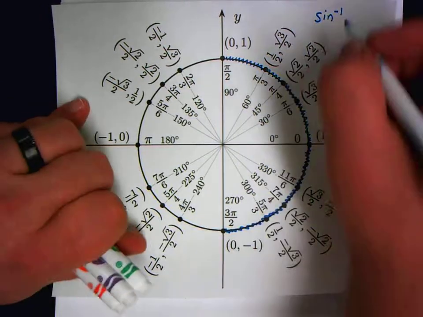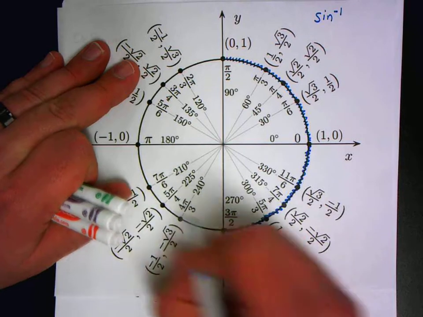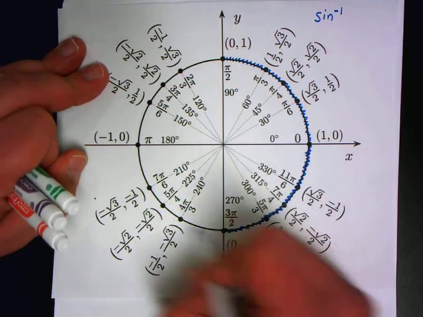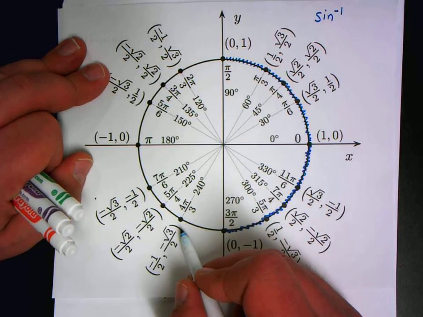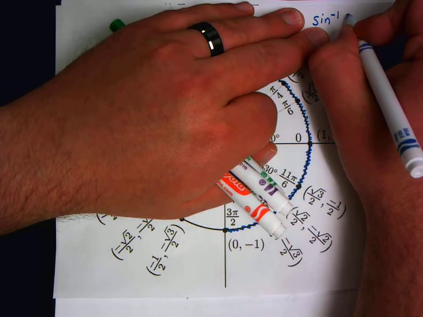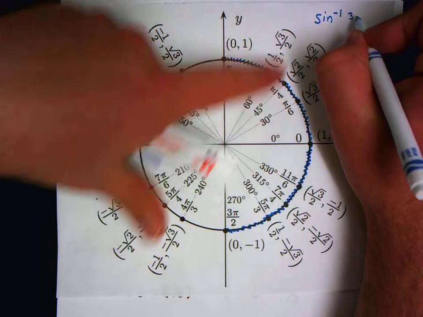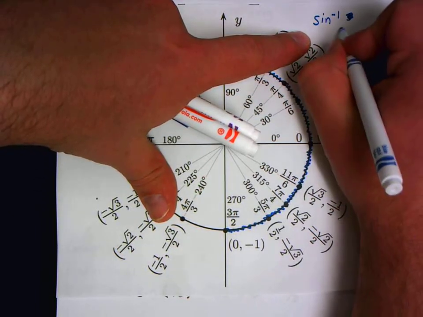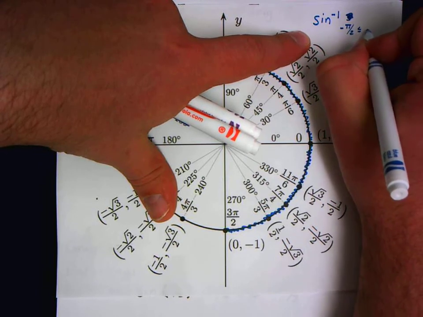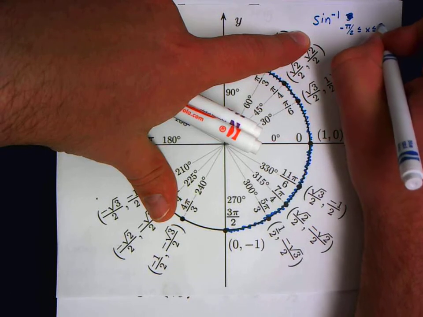So, sine inverse is, and then I don't have to keep going over here, because again, if I go over here, I'm repeating all the values in between -1 and 0. So sine inverse is defined in between -pi/2 to pi/2.